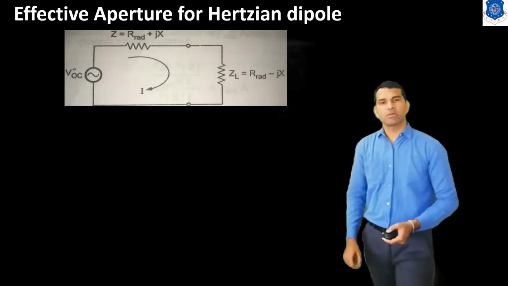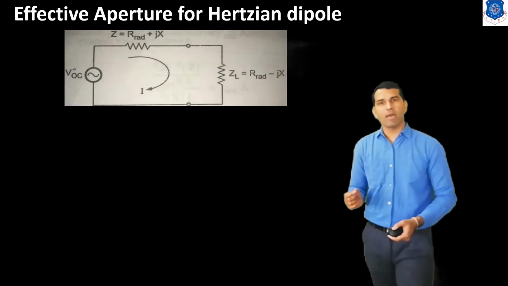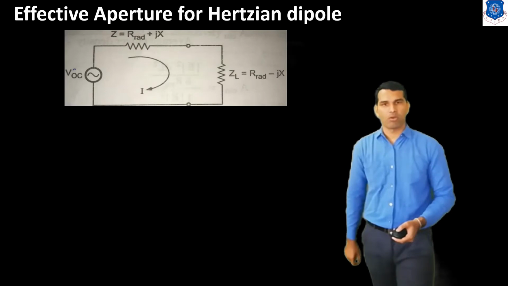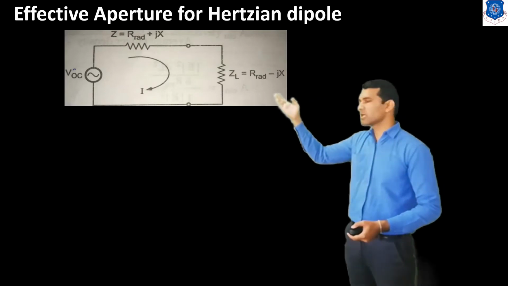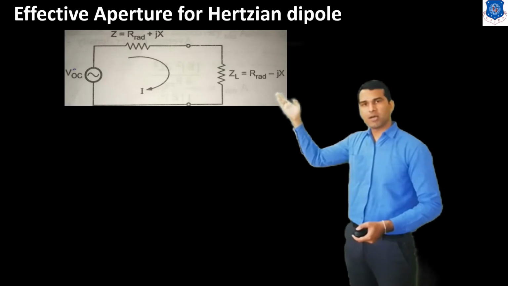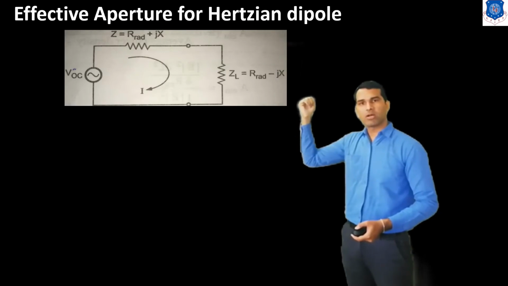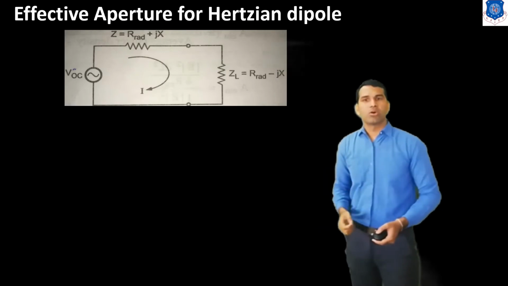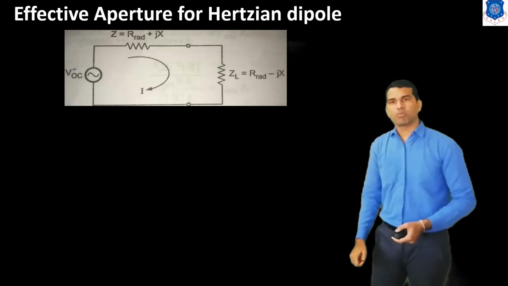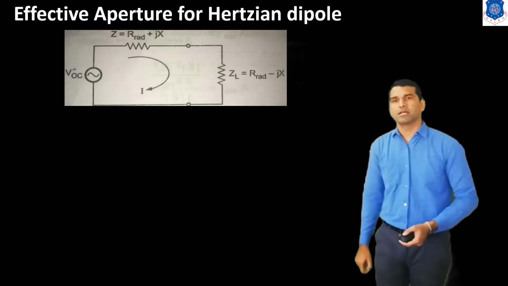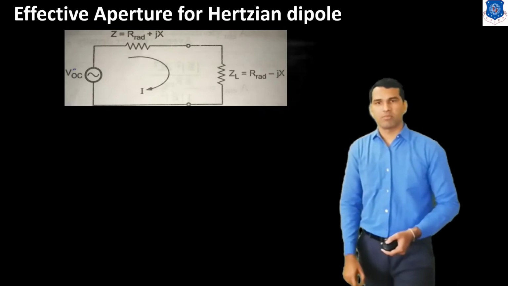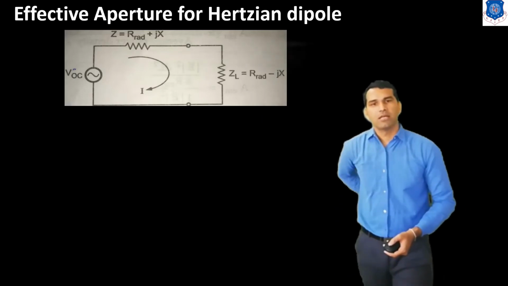Now, the next topic we discuss is the effective aperture for the Hertzian dipole. Here, this is the open circuit figure we have considered. VOC indicates the open circuit voltage and Z is the impedance, which we can write in the form R radiate plus jX, and ZL is the load impedance.